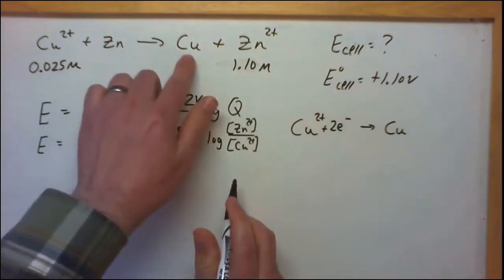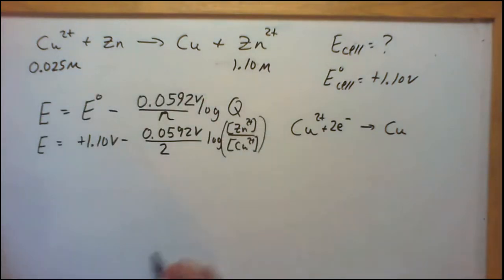Elemental zinc and elemental copper are solids, so they're excluded from our Q expression.